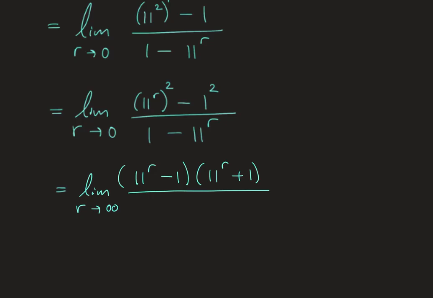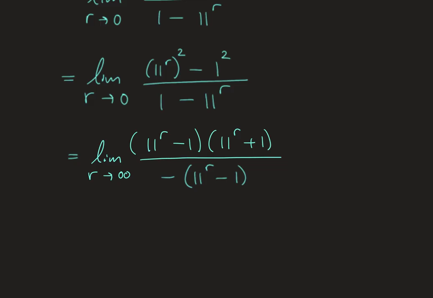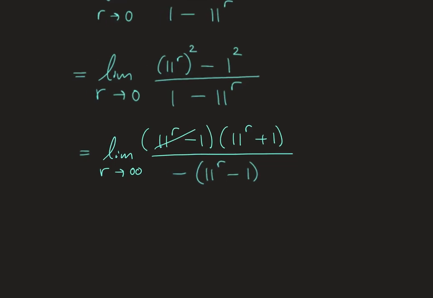But actually, I'm going to do that trick I did prior and say that's negative (11^r − 1). Okay? Why? Because now I recognize that these guys cancel, giving me the negative limit as r approaches infinity of 11 to the power of r plus 1.